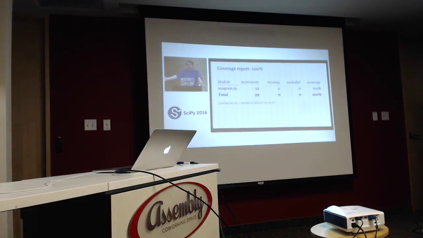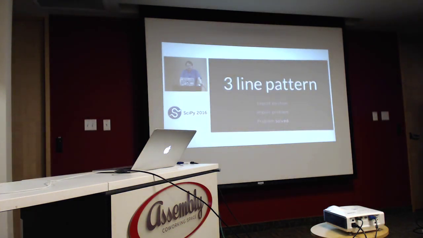It has 100% code coverage, which is pretty great. I think this is a pattern that we can apply to a lot of problems out there. You import the solution, then you import the problem, and that's all you do.